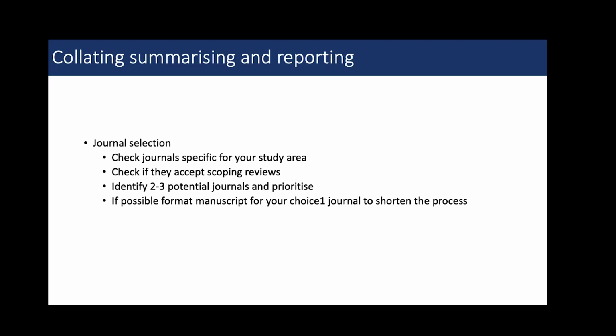If they have already published scoping reviews, look for those articles, read through, understand how they've been presented, and then format your work in that way. There's no need to reinvent the wheel when a very good example already exists. If you can identify those journals early on, I think that really helped me shorten the process of writing and reformatting, so that I didn't have to do too much work in the end.